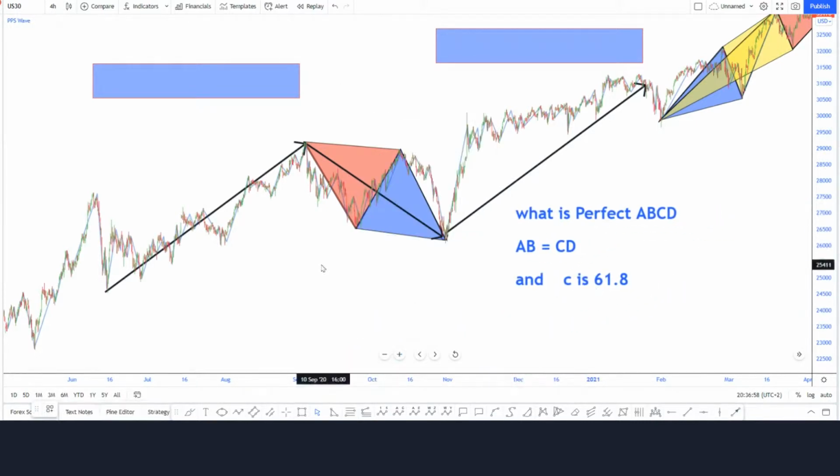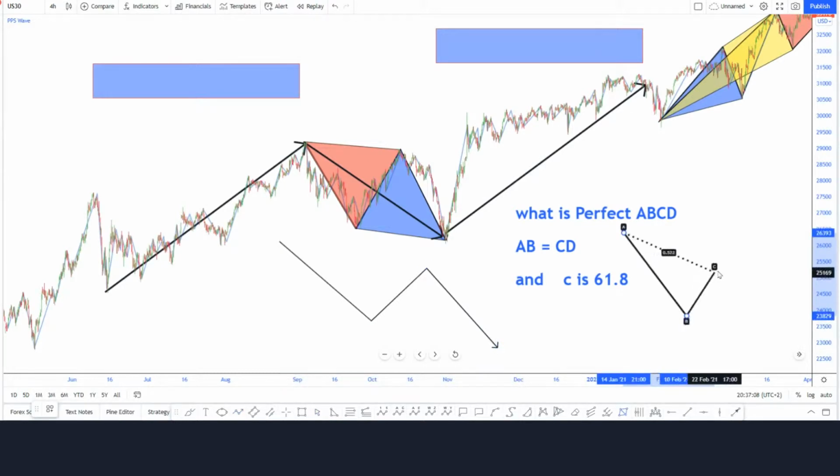So when you have a pattern AB, then you have a 61.8 correction, then you have this point equal to this one. Basically, it looks like this exactly. Here you go to the 61.8. Then you have this as big as this one right here.